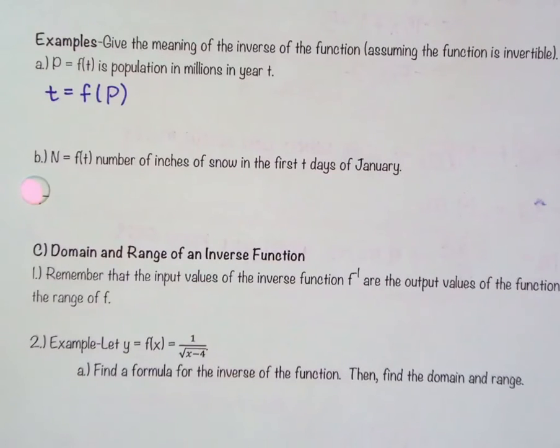I'm not going to distribute that through because I don't want two variables. I'm trying to get the y by itself, so right now the quantity that the y is in is being multiplied by x squared. What undoes multiplying? Dividing. So now I have y minus 4 equals 1 over x squared.